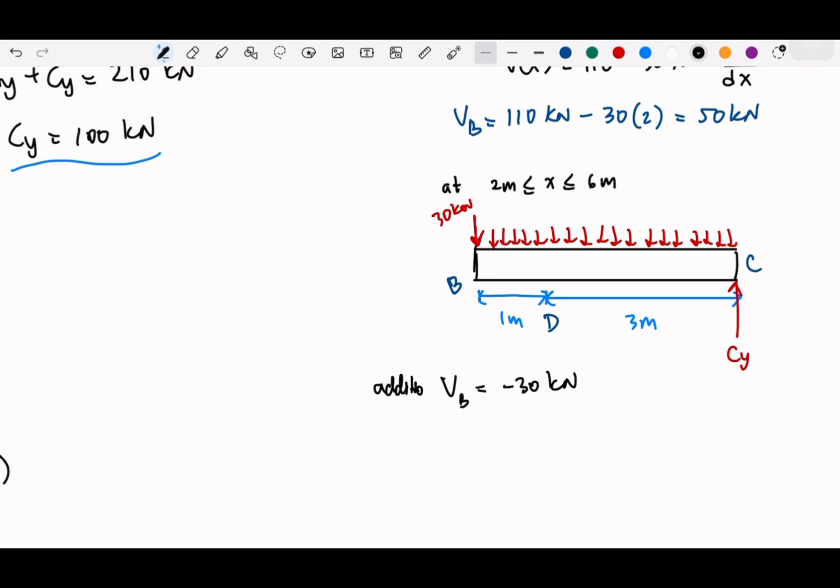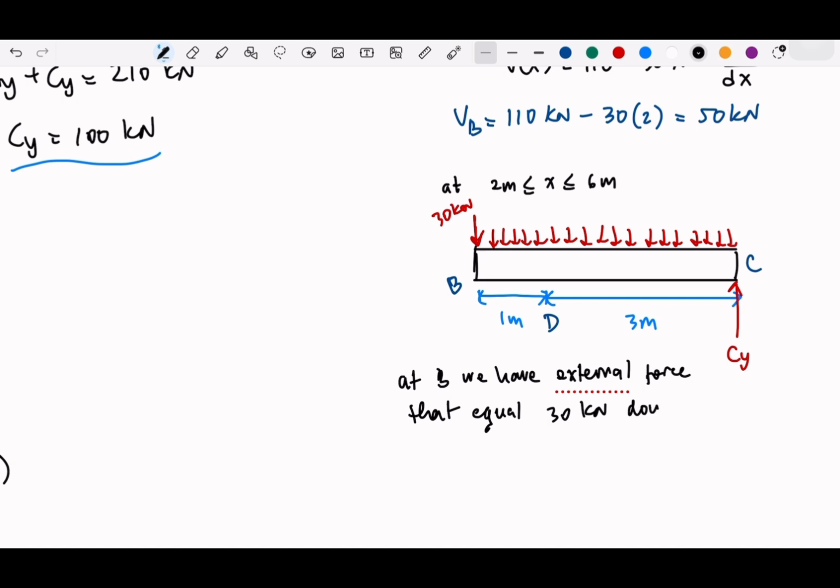To help you understand what this is, let me write at B we have an external force equal to 30 kilonewton downwards. Because if I write delta VB 30 kilonewton, it will be very confusing for you. But let me help you to write this.